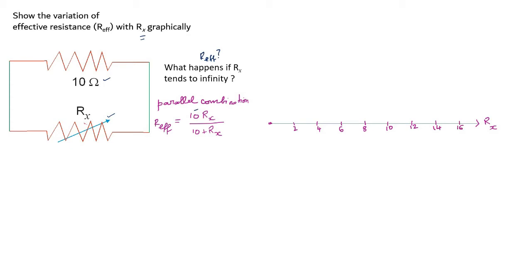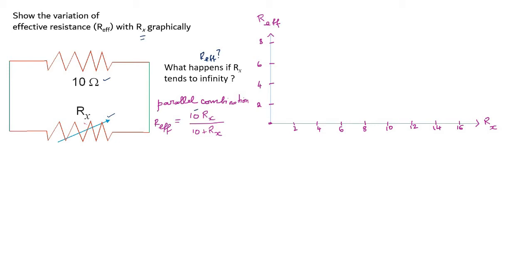So some suitable values we take and show the graduations here. Similarly, y-axis we will take R effective. So you can even say that it is a R effective axis. Here also we will show the graduations with suitable values suitable to this problem, okay?